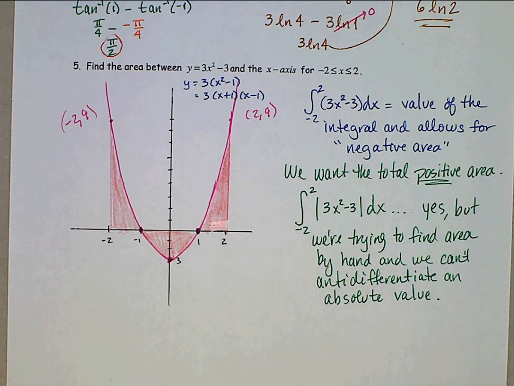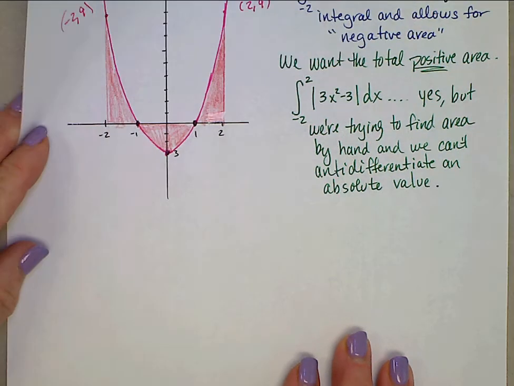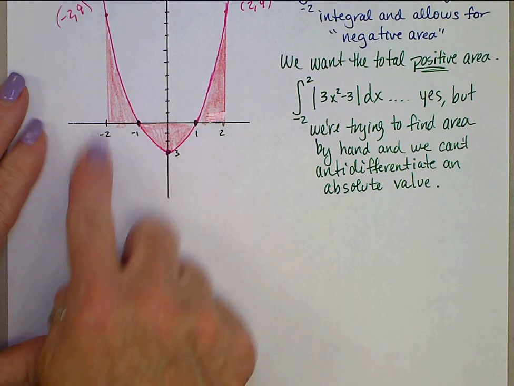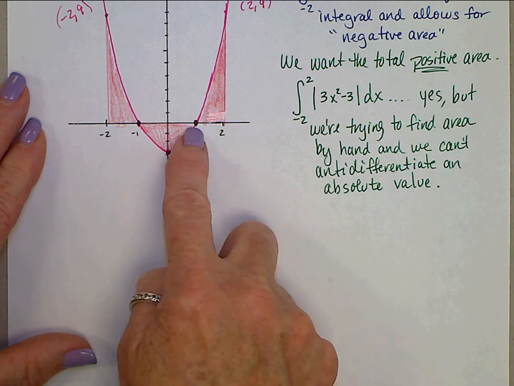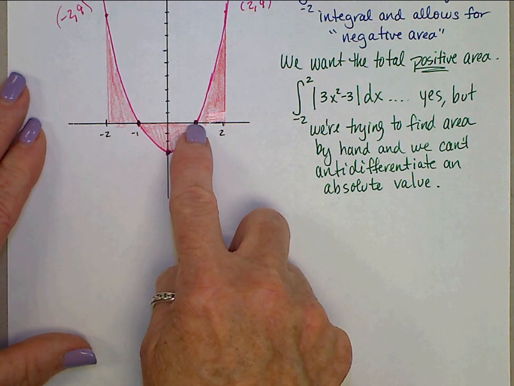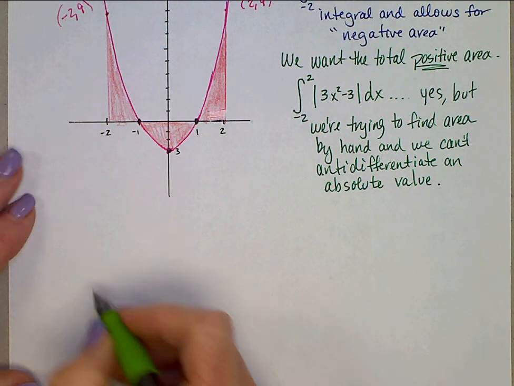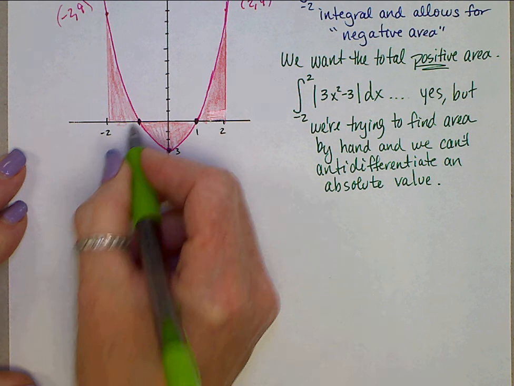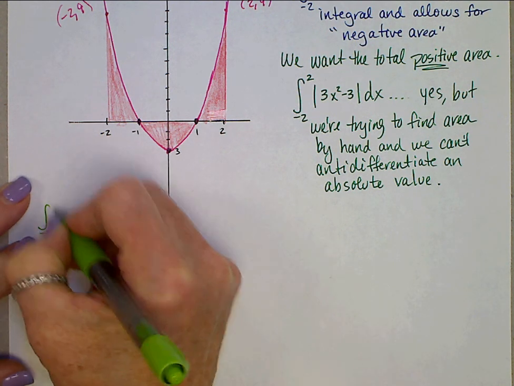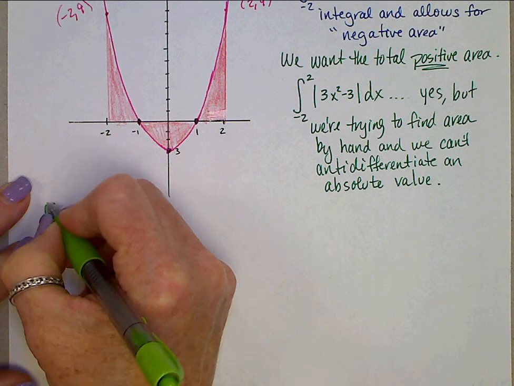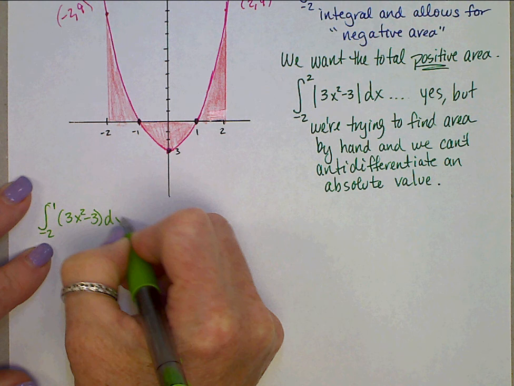Okay, so then to find this area, we are going to have to separate this into pieces. We'll find this piece between -2 and -1, this piece between -1 and 1, turn it positive, and then find the area between 1 and 2. So let's look first to find this area between -2 and -1. That will be the integral from -2 to -1 of this 3x squared minus 3 dx.